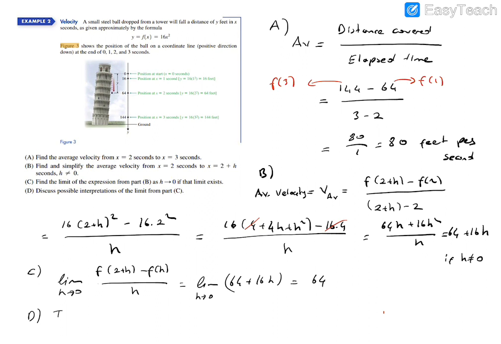Okay, so let's write: the average velocity over smaller and smaller time intervals approaches 64 feet per second.